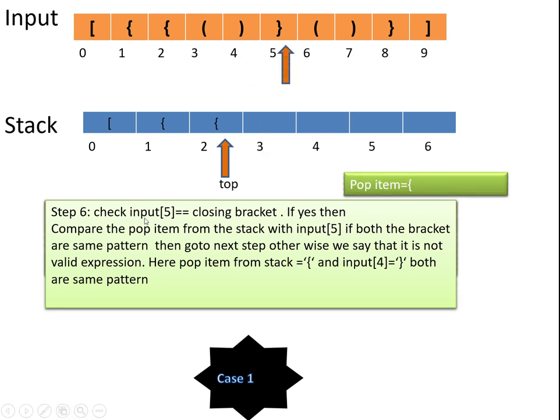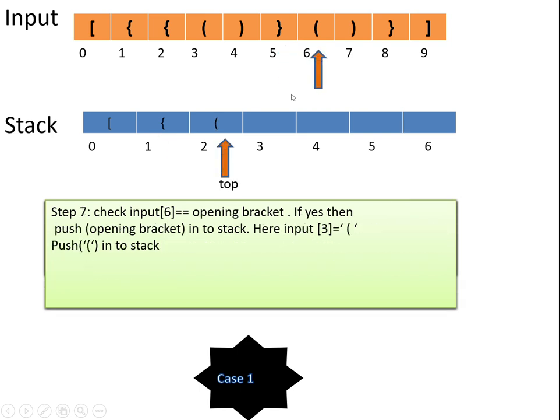Now, what is step 6? Step 6 says that if again we encounter any closing bracket, and here this is a curly bracket or second bracket, we are encountering a closing curly bracket. Both are the same pattern, so we can easily pop out and decrease the value of the top pointer.